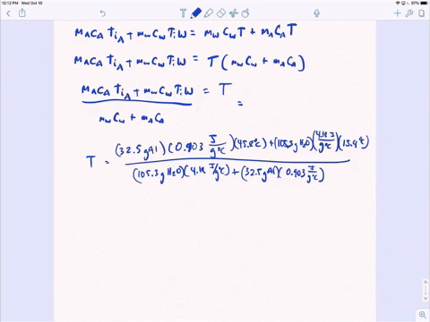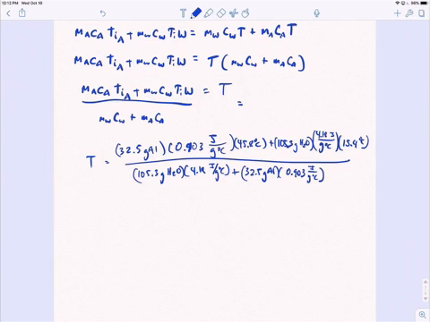32.5 times, I guess I did do the whole quantity, 0.903 times 45.8 plus 105.3 times 4.18 times 15.4, and that divided by the quantity 105.3 times 4.18 plus 32.5 times 0.903.